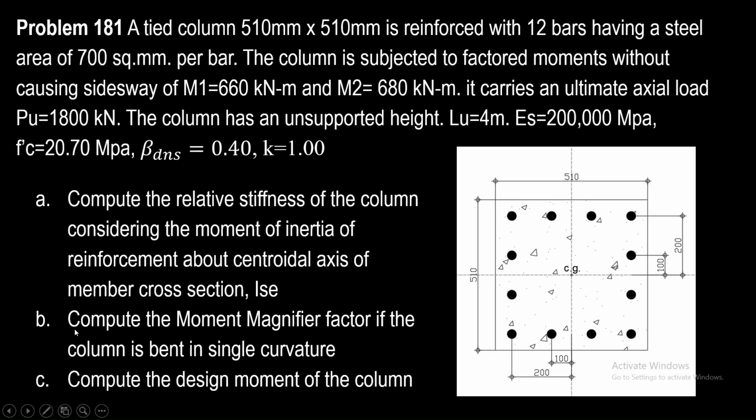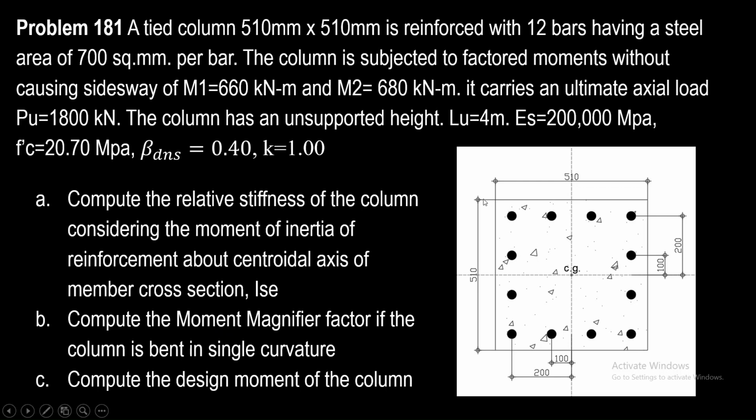Letter B, compute the moment magnifier factor if the column is bent in single curvature. Single curvature means the ratio of the smaller moment to the larger moment should be a negative value. Next, compute the design moment of the column.